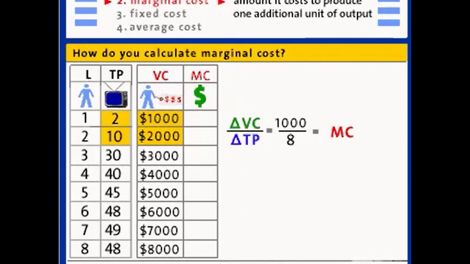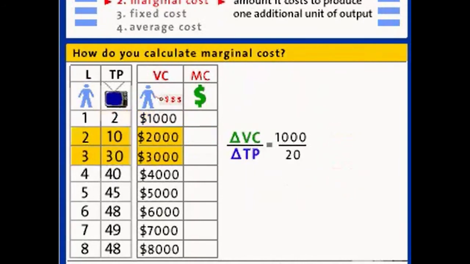We can continue this exercise. If you add another worker, you can go from 10 to 30 television sets. That's 20 additional sets for an extra labor expense of an extra $1,000. You hired an extra worker. $1,000 divided by those 20 extra sets is a marginal cost of $50.